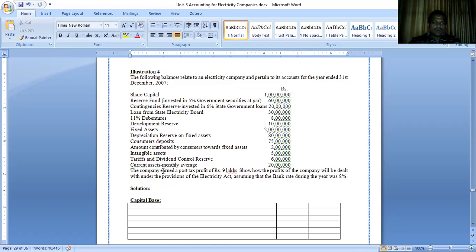So earned post tax profit 9 lakhs. Show how the profits of the company will be dealt. So bank rate is 8%.